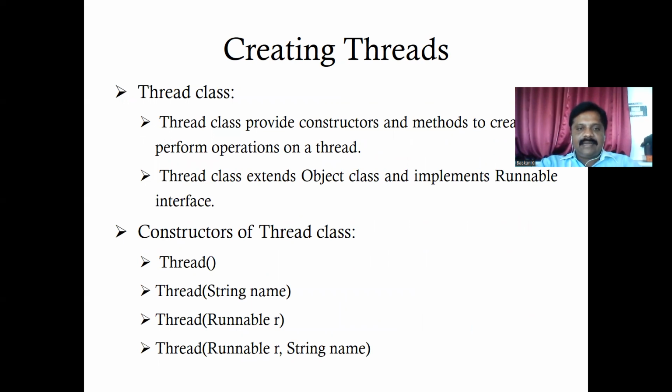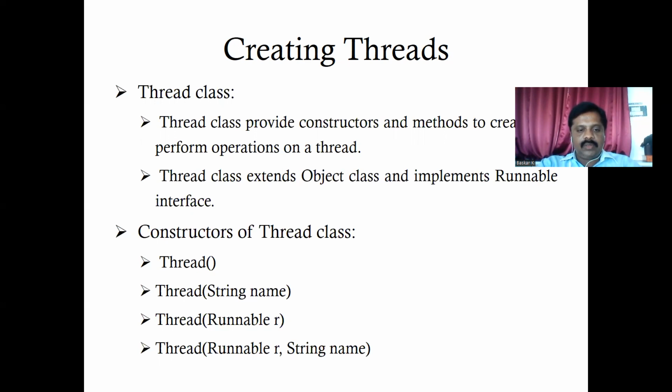Thread class. The Thread class provides constructors and methods to create and perform operations on a thread. The Thread class extends the Object class and implements the Runnable interface. Constructors of the Thread class: Thread(), Thread(String name), Thread(Runnable r), or Thread(Runnable r, String name).